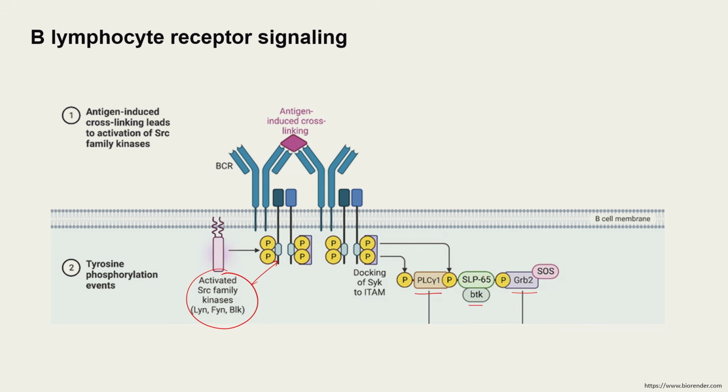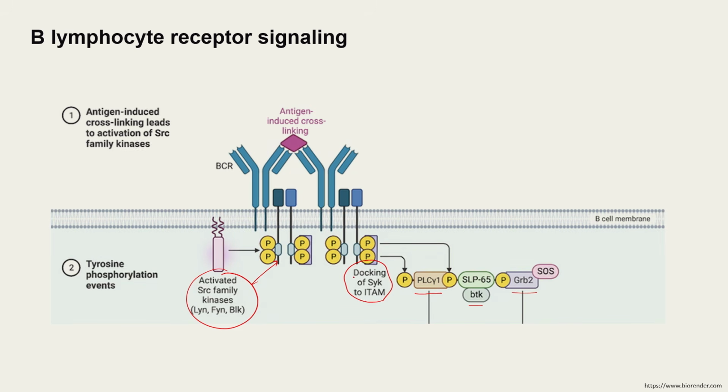One thing I forgot to mention here is the docking of SYK. This is actually spleen tyrosine kinase. S stands for spleen, Y is the notation for the amino acid tyrosine, and K is for kinase. SYK is a kinase that gets docked into the site after ITAM phosphorylation.